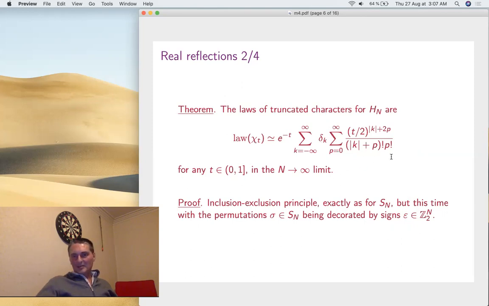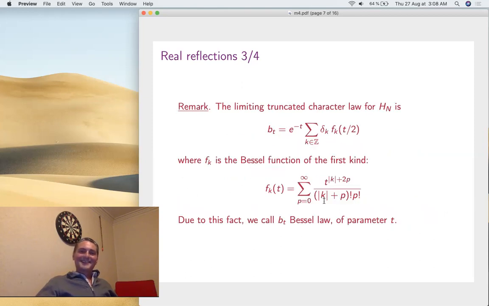If you do the computations, which is not that bad, the good news is that this is a known function in analysis: the Bessel function of the first kind. So finding the formula, if you know some analysis, is all that's needed. It's called the Bessel law because of this Bessel function. So the truncated character law is the exponential of minus t times the probability measure having this density, with t over 2. Very simple, finally.